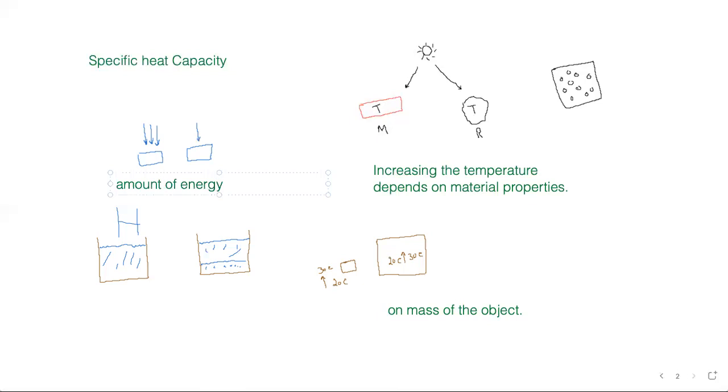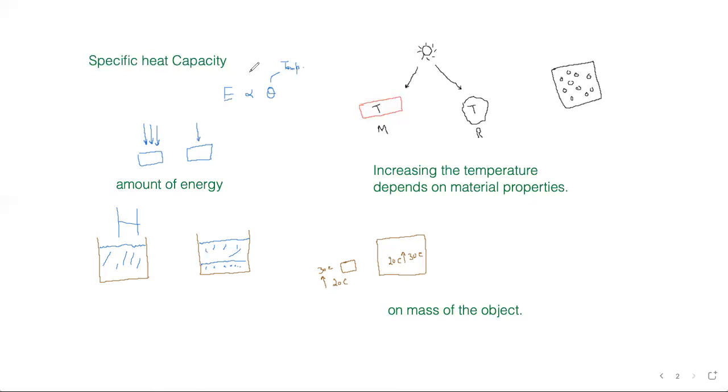Yes, very good. Okay, now let's try to establish a mathematical formula, and we can do that together. So we said that the energy is proportional to temperature. This theta is temperature.